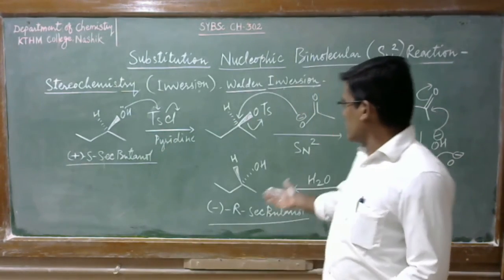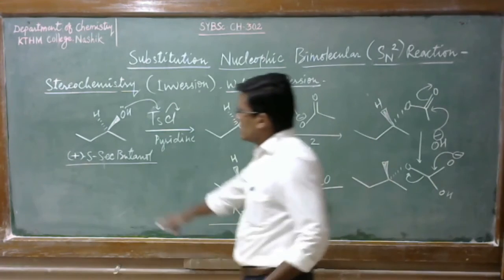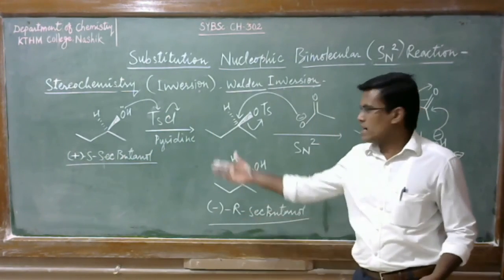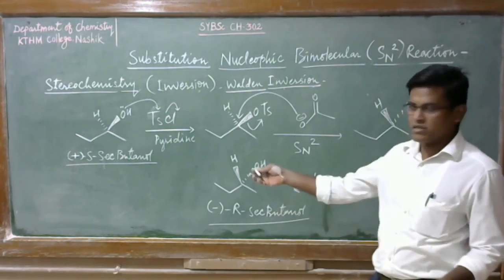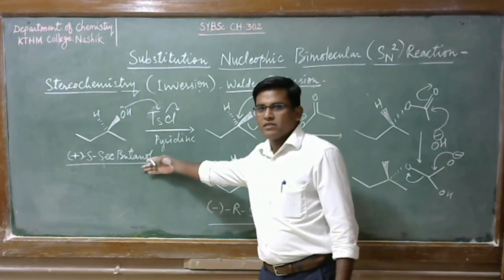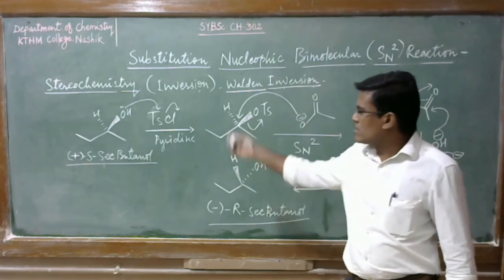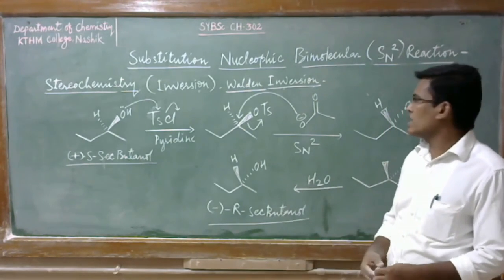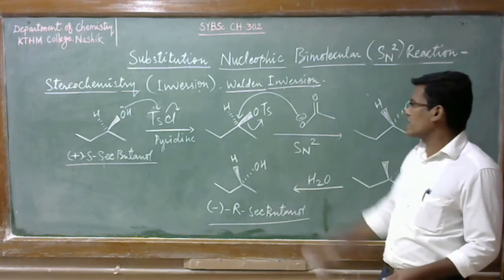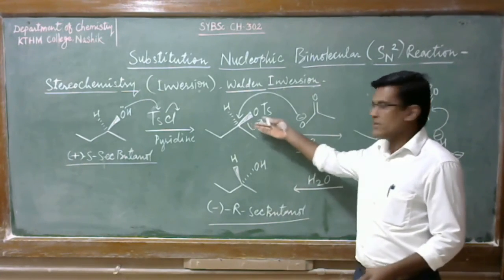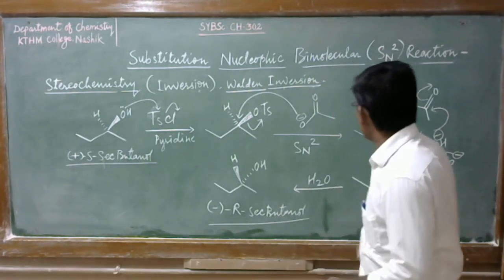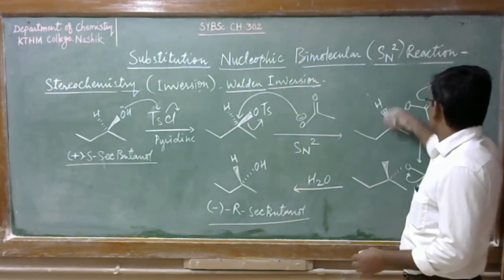So this would be R secondary butanol. Here you can clearly see that S is converted into R. Even the sign is also changed, plus to minus. So when you have this chiral substrate and treat it with tosyl chloride in the presence of pyridine, it gives this tosylate. Here there is no change in configuration. Further, it will react with this acetate anion in SN2 fashion, giving this product.